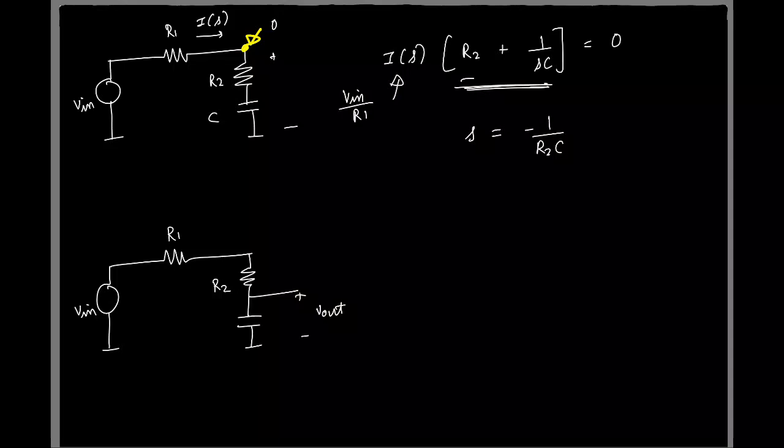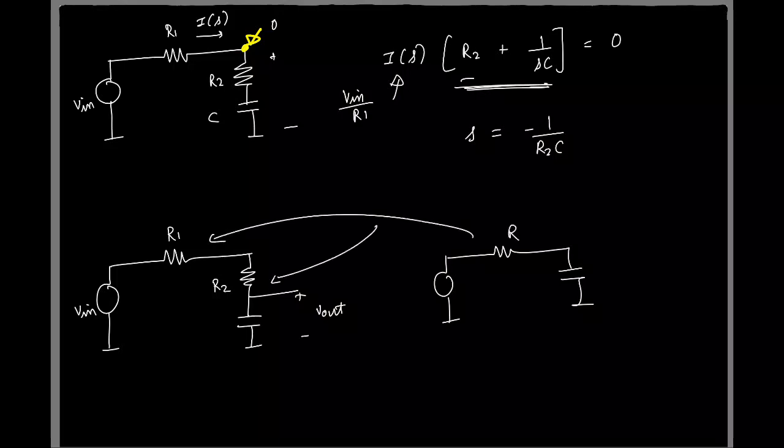Because the output is taken as the capacitor voltage, so there seems to be no possibility, and it should be obvious to you guys because this is basically your simple RC circuit, right? I just split this single resistor as two, that's all. Okay. So by this you should understand that the zero actually depends on where you take the output also.